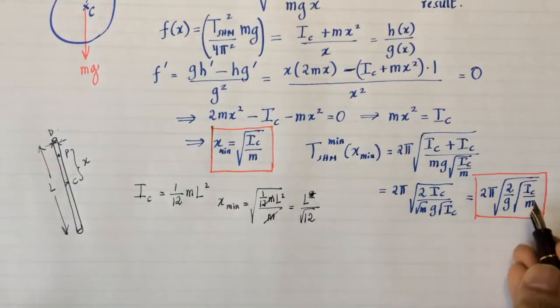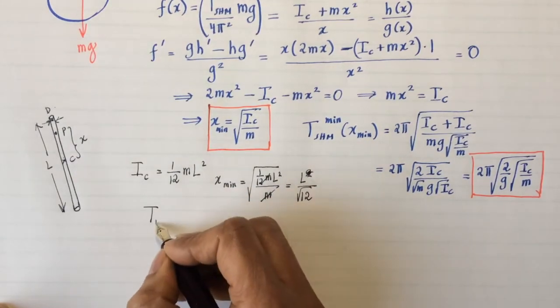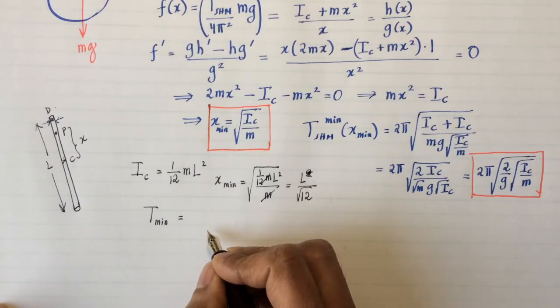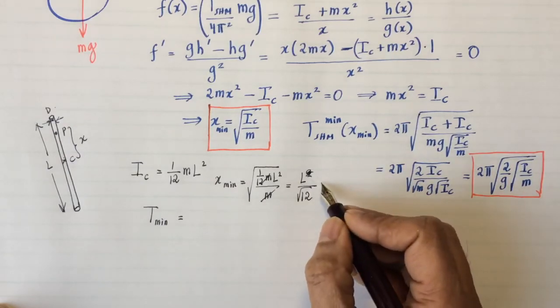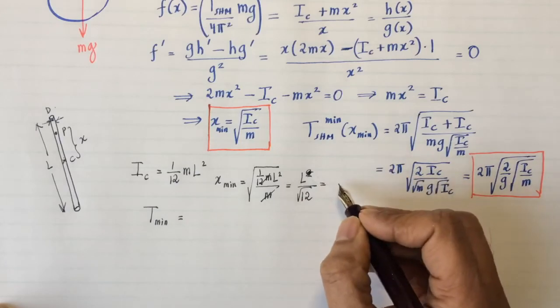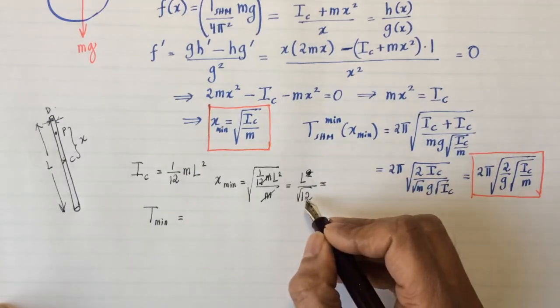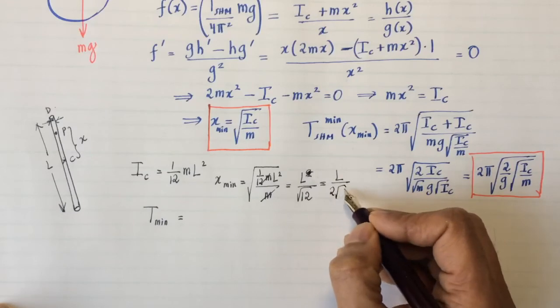Now let's substitute it into this formula and find the minimum period, T minimum. So let me try to evaluate this, and here I'm treading on ice because I'll have to do this by sight. 12 is 4 times 3, so that's 1 over 2 root 3.